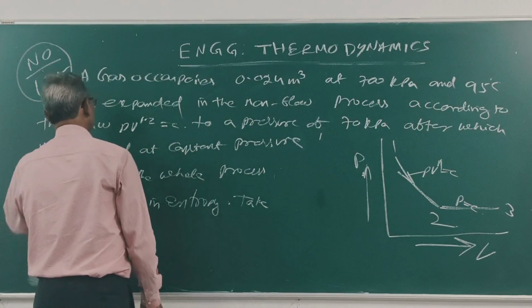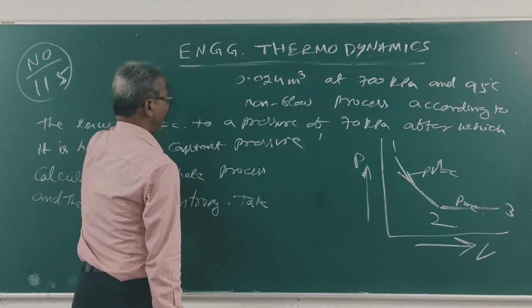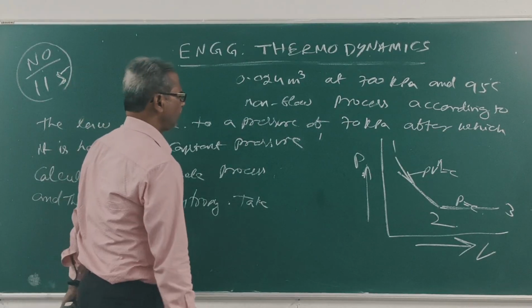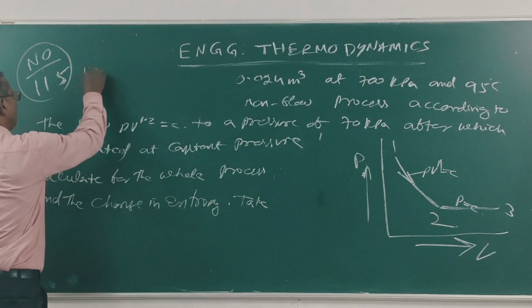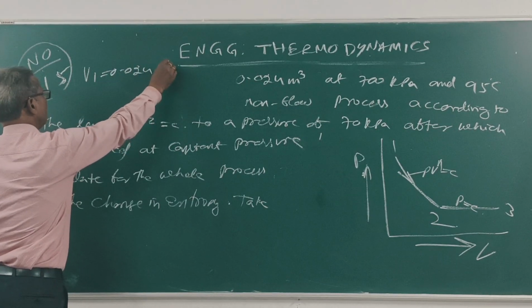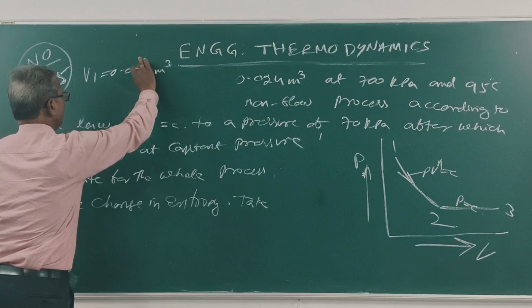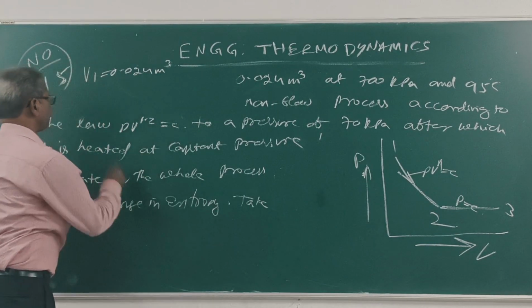Now, write the given data. A gas having volume 0.024 meter cube means V1. What is V1 equal to? 0.024 meter cube at 700 kilopascal.